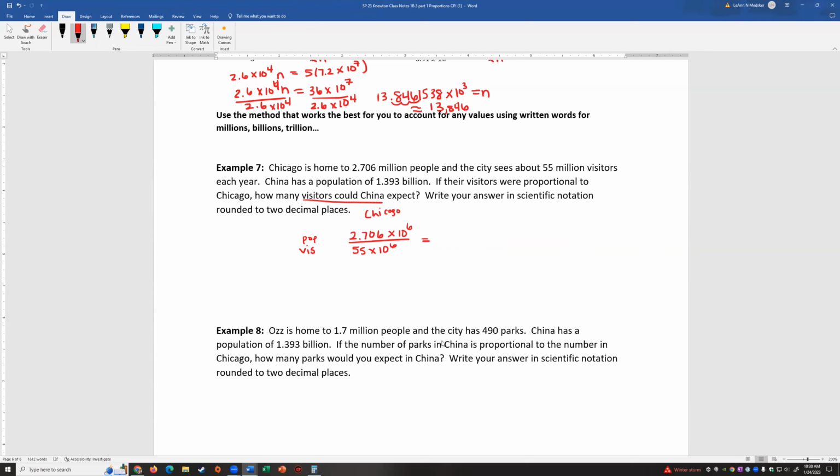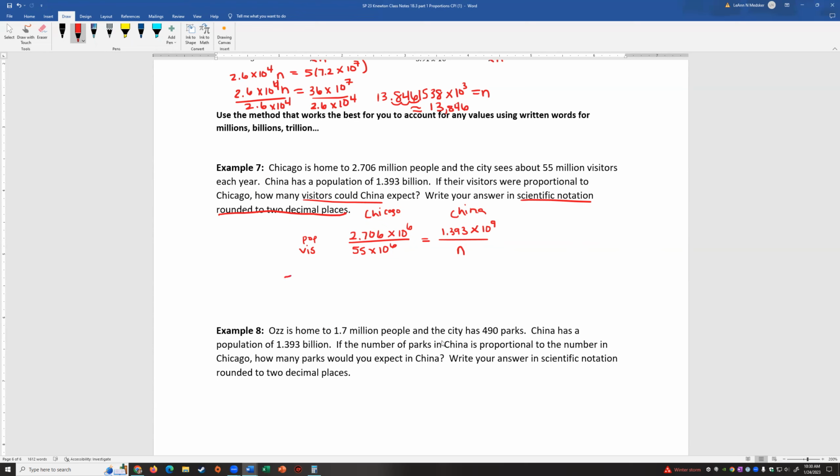And then we're going to have China, which we know the population, so population goes on top, 1.393 times 10 to the 9th for billion over unknown number of visitors. Now our final answer should be in scientific notation rounded to 2 decimal places. In this specific scenario, I'm actually going to use the multiplication rules instead of my calculator, because that'll keep me in scientific notation the whole time.